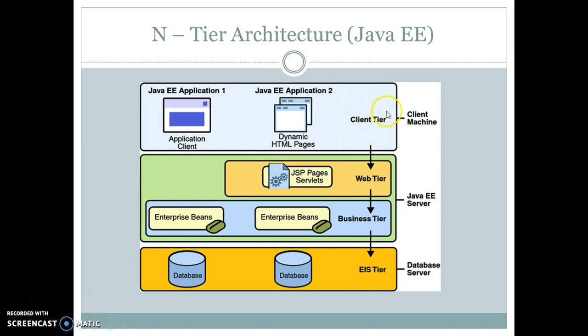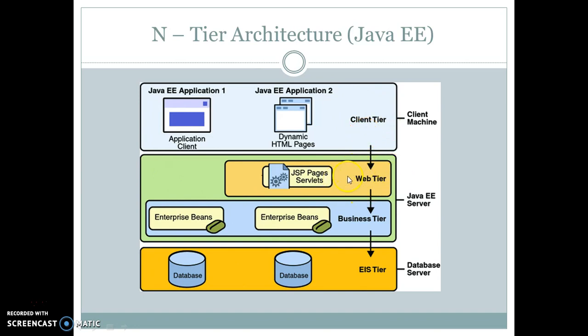Client tier consists of client components such as HTML pages for web clients and Java Swing or AWT user interface for application client. Client tier looks after the presentation functionality of the application.